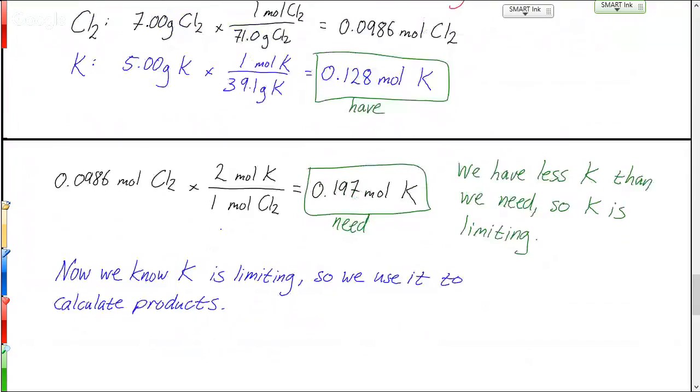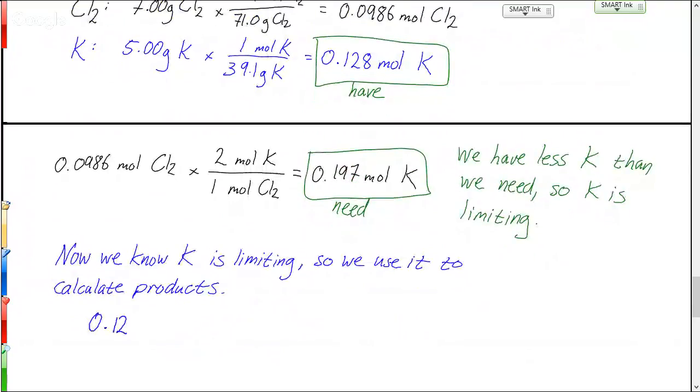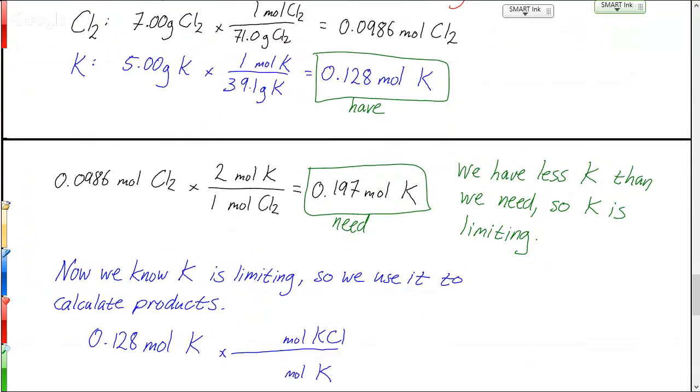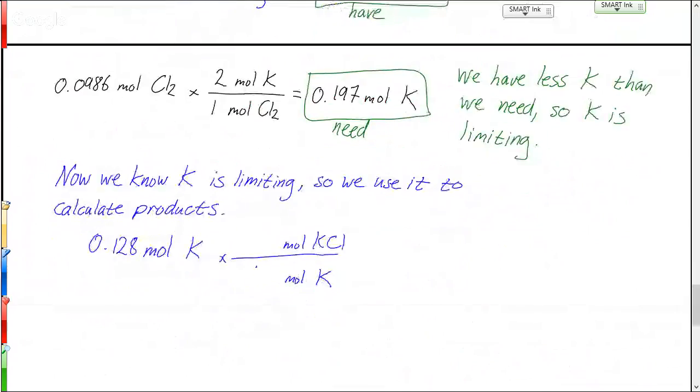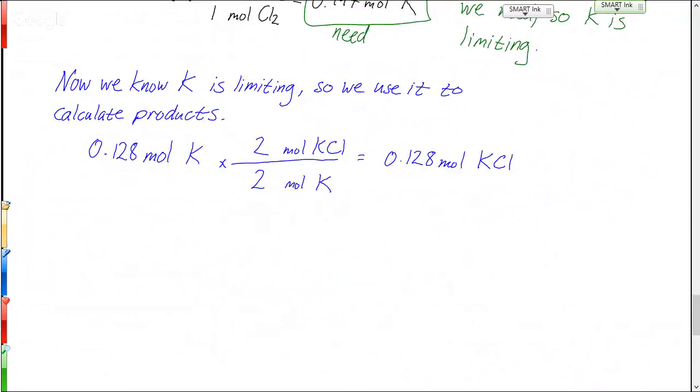And that looks like this. 0.128 moles of K, so we're going to go K to KCl. The equation tells us that's 1-to-1, so 2-to-2. So that means we're going to make 0.128 moles of KCl.